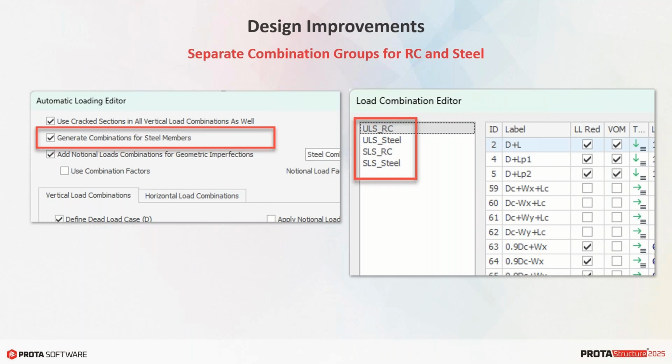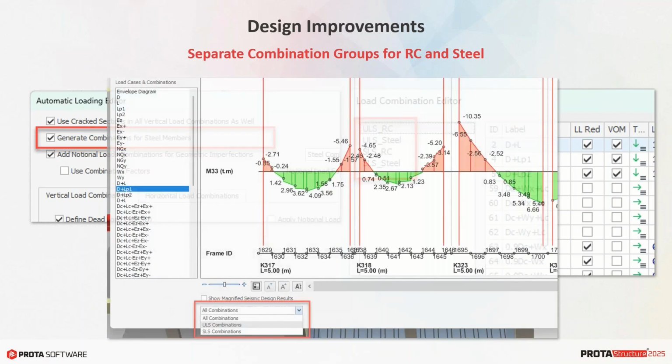For example, if you want to create steel ultimate limit state and serviceability limit state combinations, you have to select the necessary option in the loading generator first. Steel members will only honor the steel combinations during the design. Similarly, RC members will only use the concrete combinations. You can also discriminate between combination groups on the diagram window. And I will again talk more about SLS combinations in the next slide.